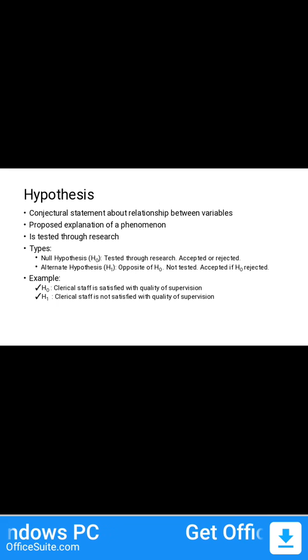So basically what we've done, we have actually transformed the research objective number 1, which was there in the last slide, into a hypothesis now. Now what would be the alternate hypothesis? The exact opposite, and that is why the alternate hypothesis becomes the clerical staff is not satisfied with the quality of supervision. So this is how we can transform our research objectives.